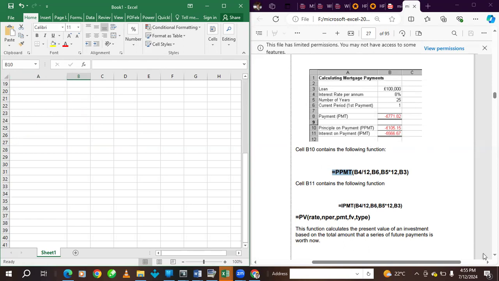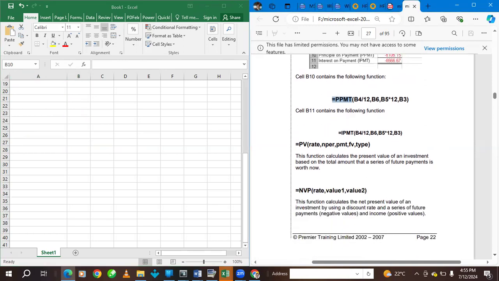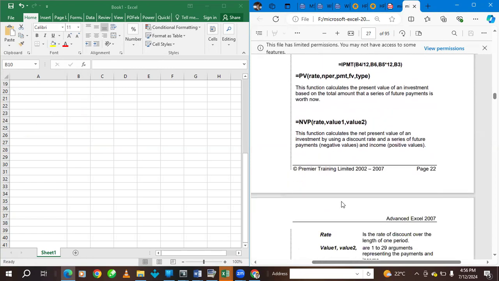We have also another scenario which is using the NPV, net present value. This function mostly calculates the net present value on investment. For example, when you put some amount of money somewhere, which amount will you be able to get after a specific period of time? So that's when we come up with the NPV.